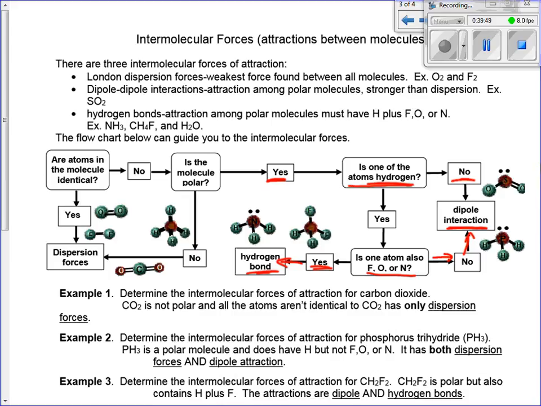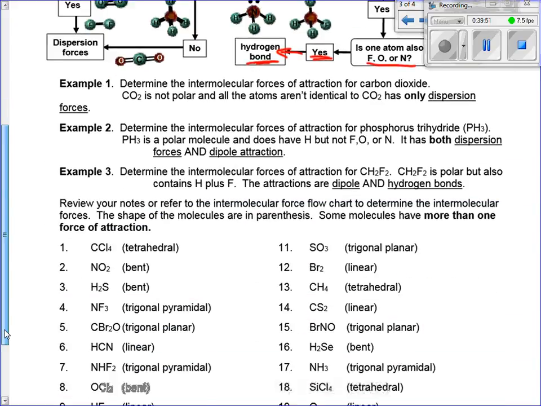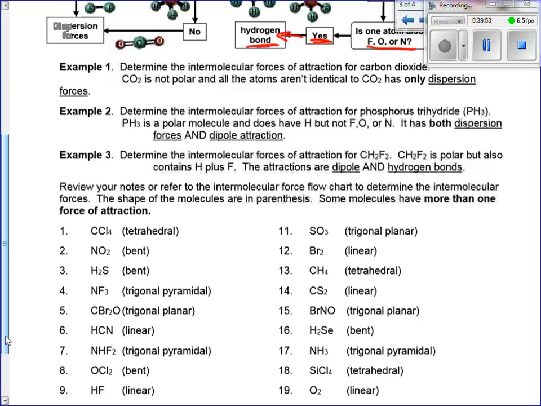So down here, I'm just going to do a couple before you go. Looking here, it even gives you the shape to help you. Tetrahedral, 4 things attached. That means this one's going to be nonpolar. Nonpolar automatically tells me it's dispersion. If I'm looking here and it's bent, bent tells me automatically what?